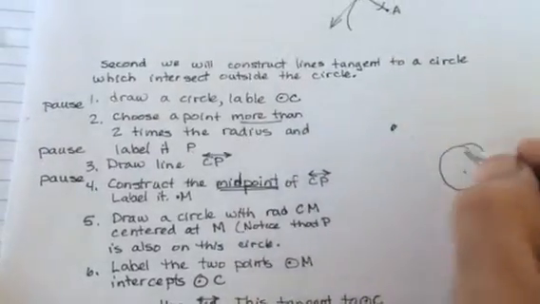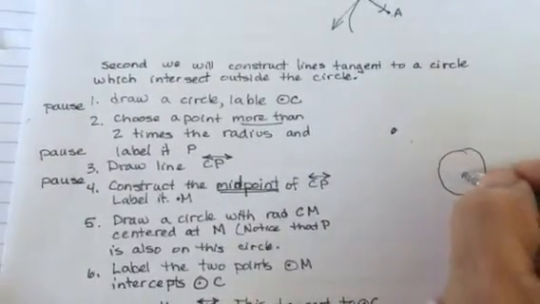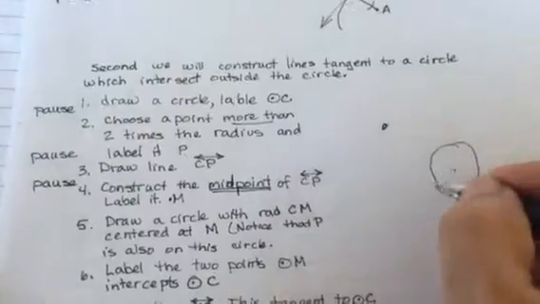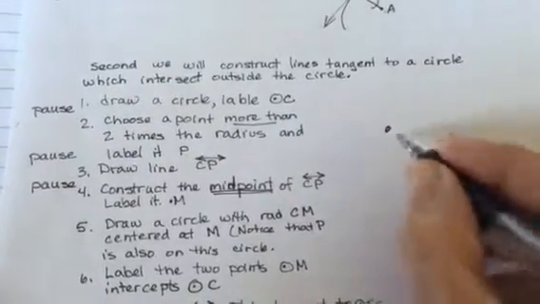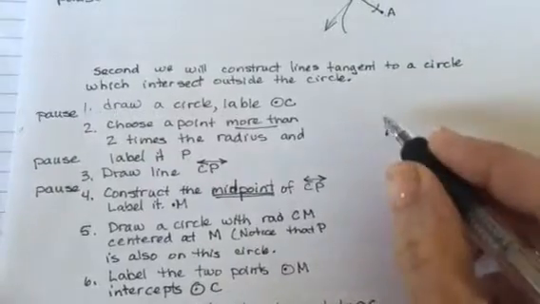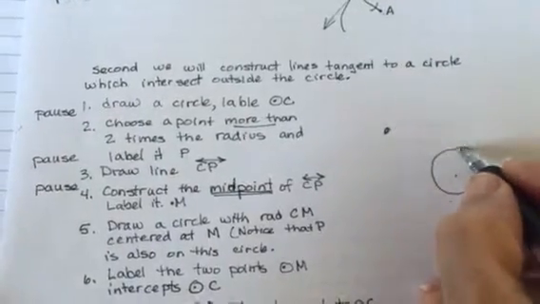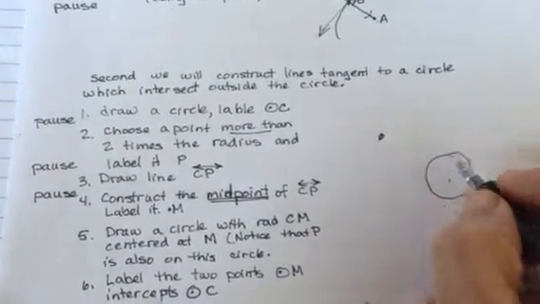Then with your construction, use a straight edge to find a point here that's tangent, and a straight edge to find the point here that's tangent that touches it in one point.